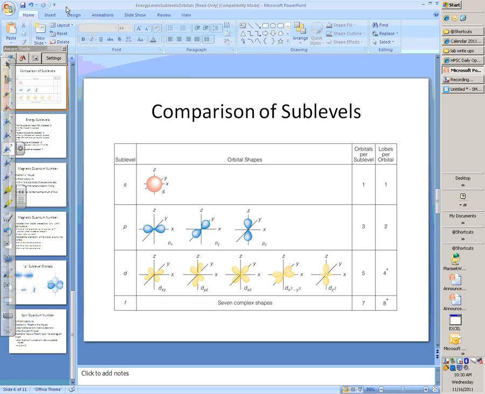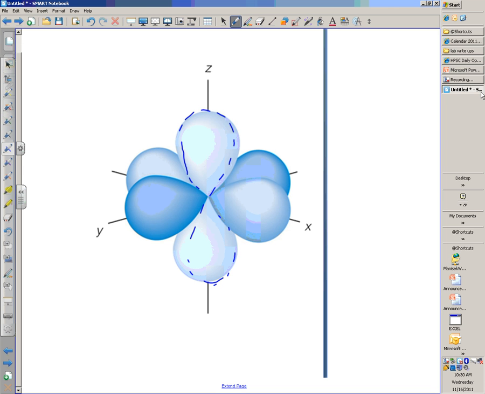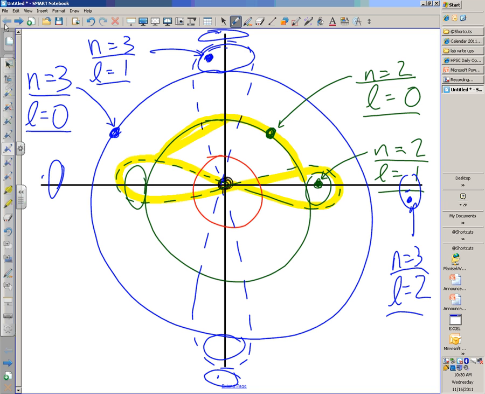There are 3 P sublevels within the second main level. If we go back to our picture, if I take a look at the green, there's this figure 8 right through here.